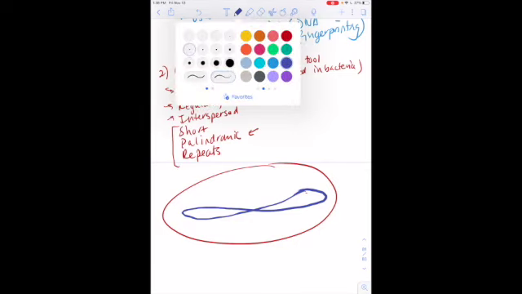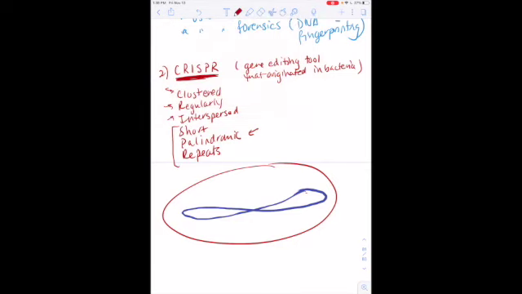And they found these repeated palindromes that would be repeated, like every 10 bases or something like that. So these little palindromes, these little CRISPRs, clustered, and regularly interspersed, short palindromic repeats.